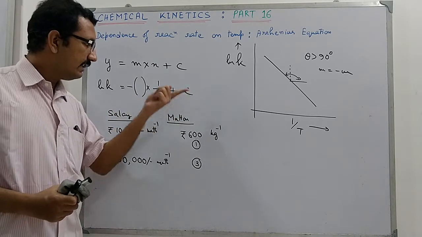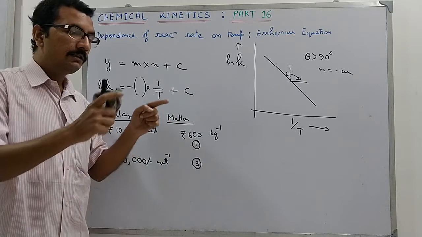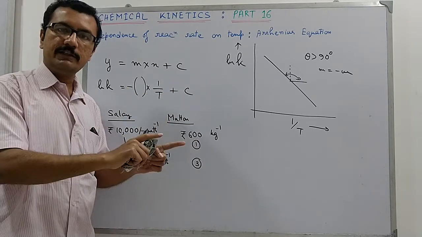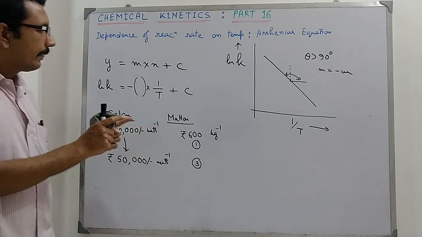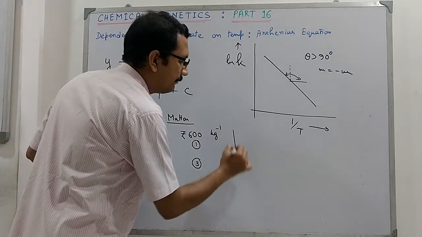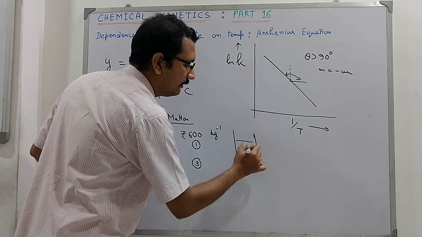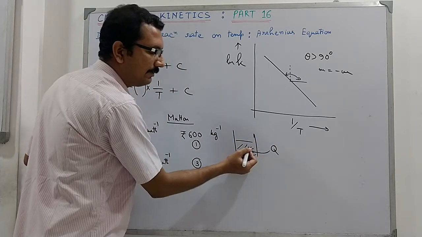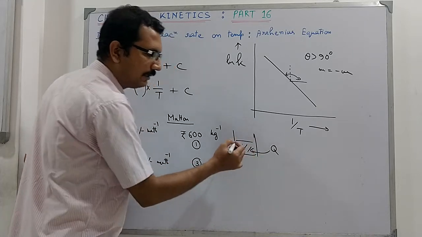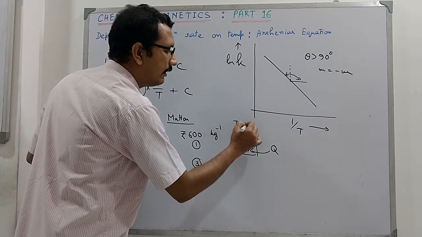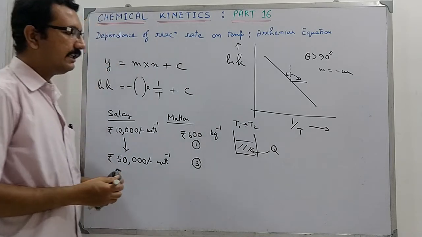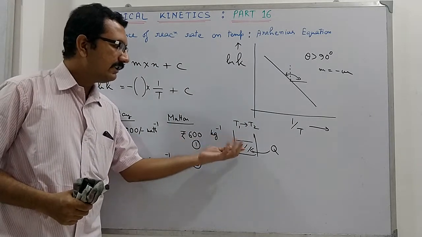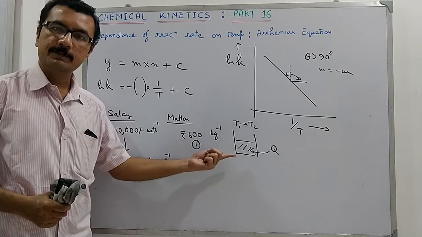Increase in temperature within a system indicates that thermal energy of the system is increasing. Thermal energy is entering the system in the form of heat. So, if you increase the temperature of a reaction vessel, it is guaranteed that thermal energy is entering the system in the form of heat and the thermal energy is increasing, so that the temperature rises from T1 to T2. So, increase in temperature guarantees the increase in the thermal energy in the system.